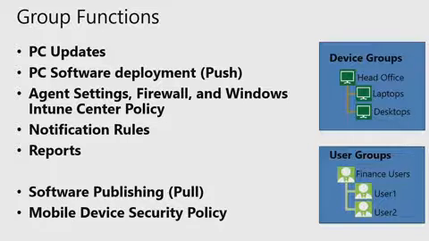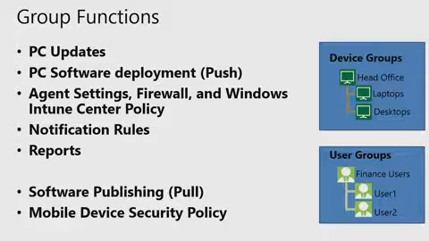So for the device groups, you'll be using them for publishing things like the updates to the software. You will be using it for pushing out software to the PCs themselves. So this is our software deployment mechanism. It's a push mechanism that allows us to determine that this application is going to install silently on the PC in the background, and it will just appear to the user.